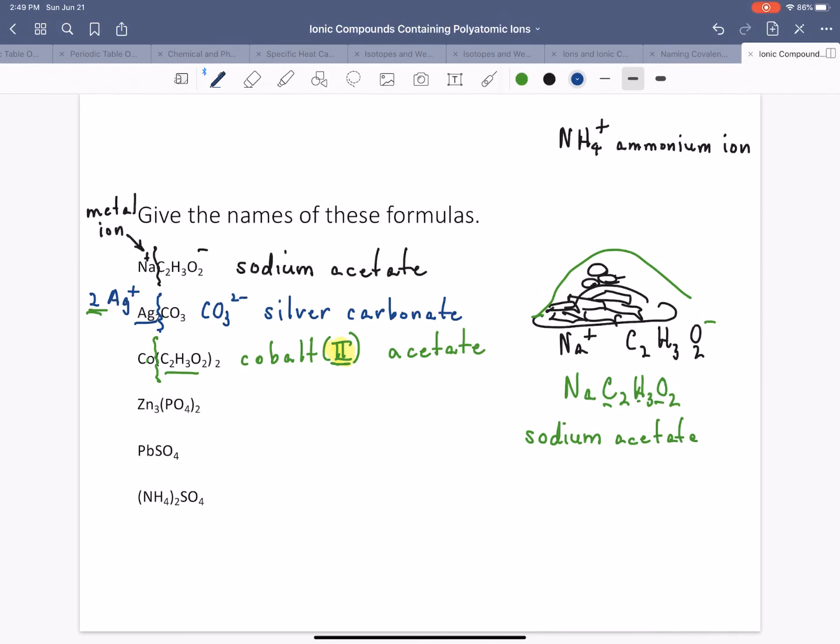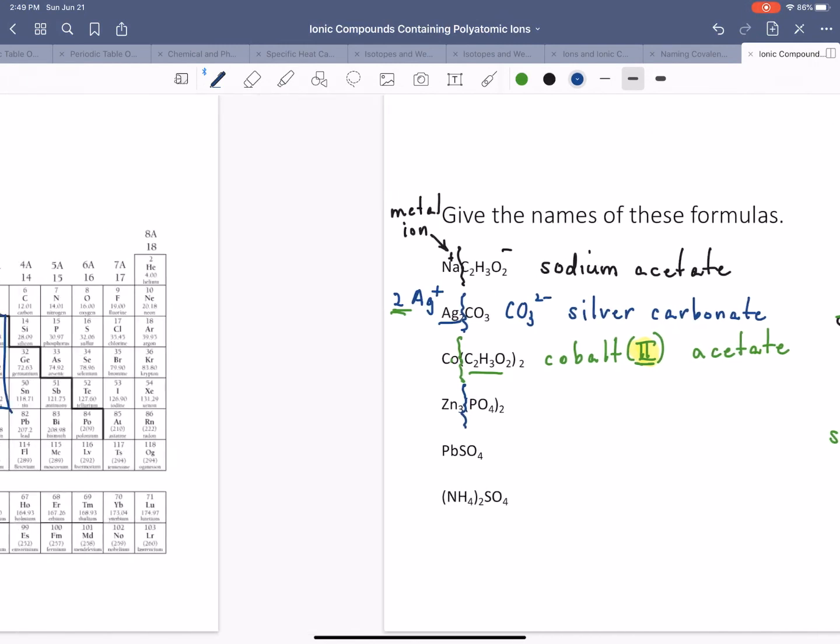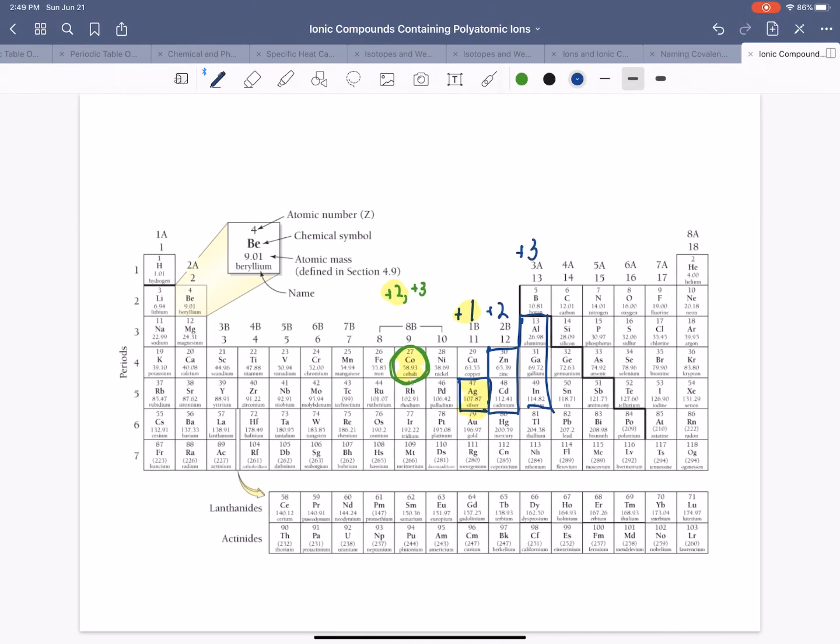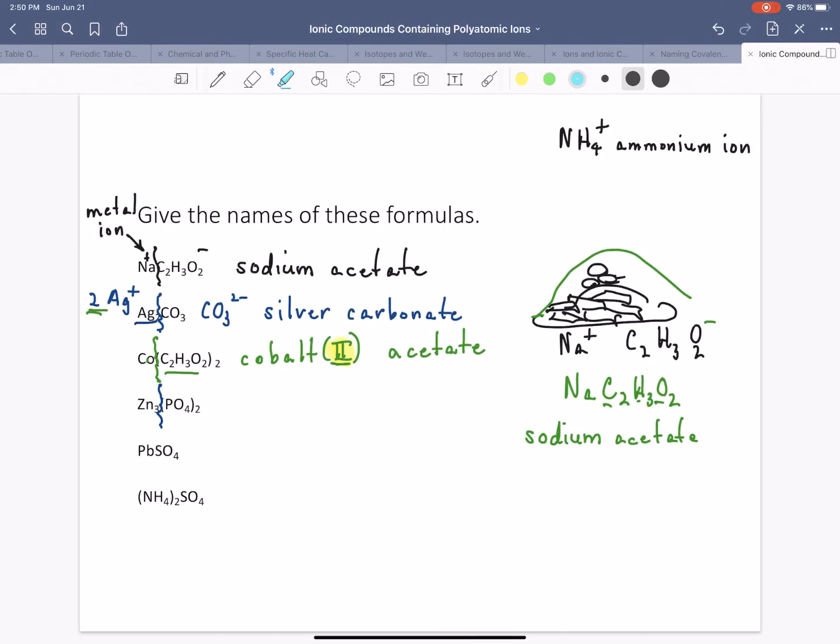Okay, this looks like an ionic compound because it starts with zinc. And zinc has a fixed charge. Zinc has a fixed charge of +2. So I'm not going to state the charge because there's only one possibility.